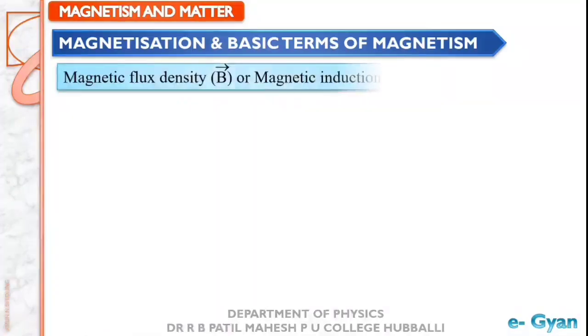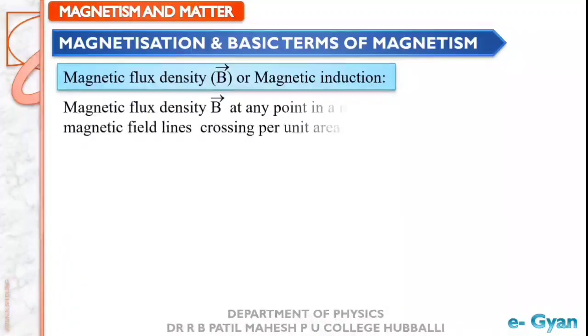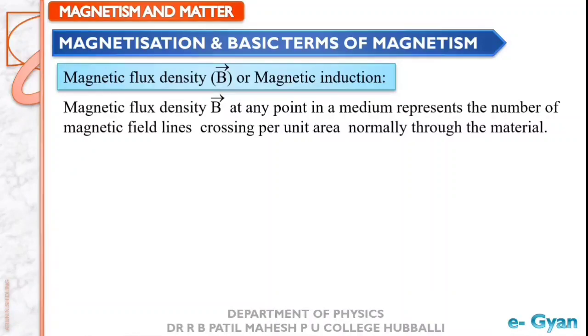Moving ahead, let us now define magnetic flux density or magnetic induction. Magnetic induction at any point in a medium represents the number of field lines crossing a unit area normally through the material. The denser the magnetic field lines, the more the magnetic induction; the fewer the field lines, the less the magnetic induction.